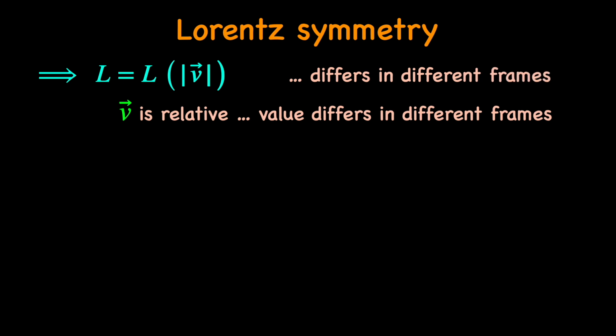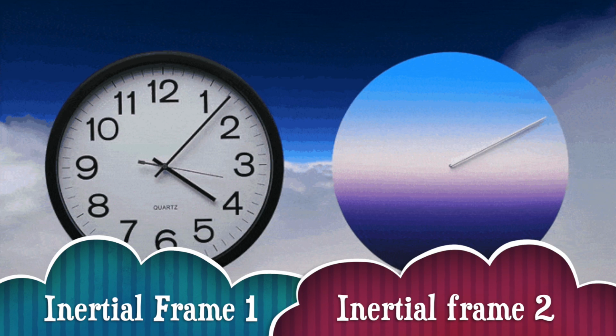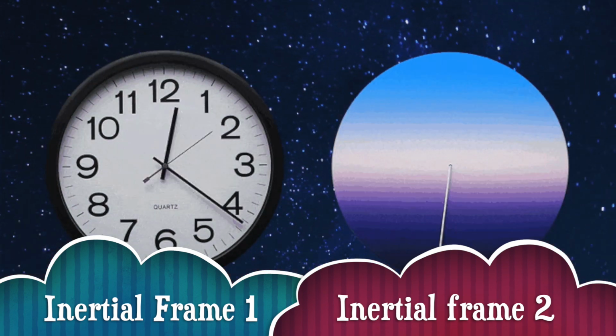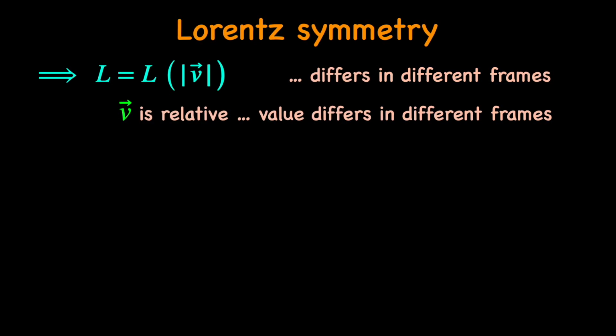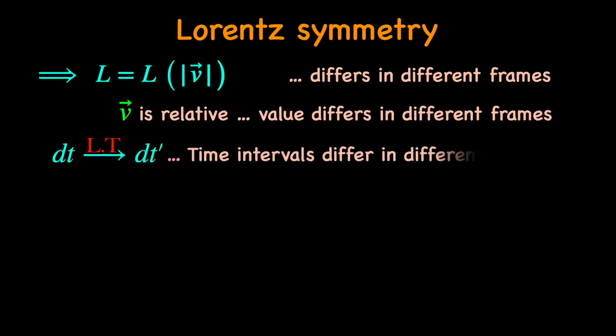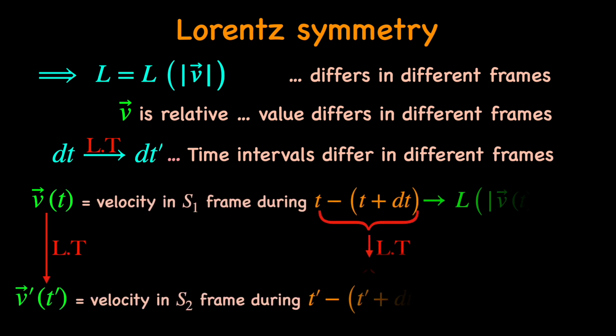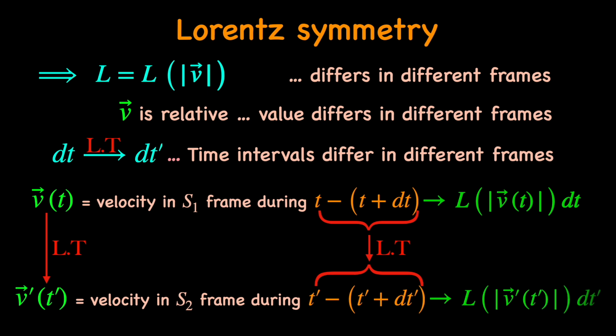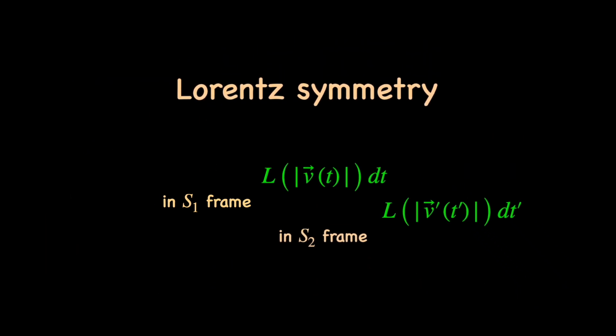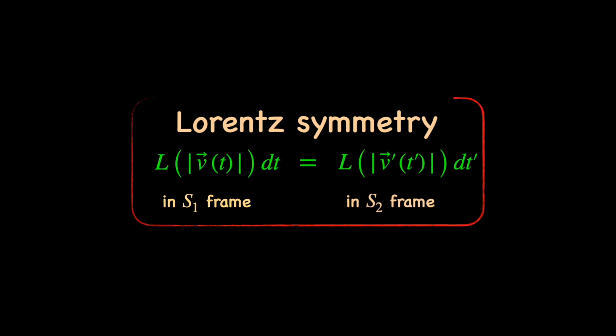Moreover, according to special relativity, the ticking rate of coordinate clocks in different inertial frames differ too. So time interval dt also changes as we shift frames. Therefore, as we Lorentz transform from one inertial frame to the next, we expect the L dt under the action integral to change. But it remains the same if the system has Lorentz symmetry. That's what Lorentz symmetry means.